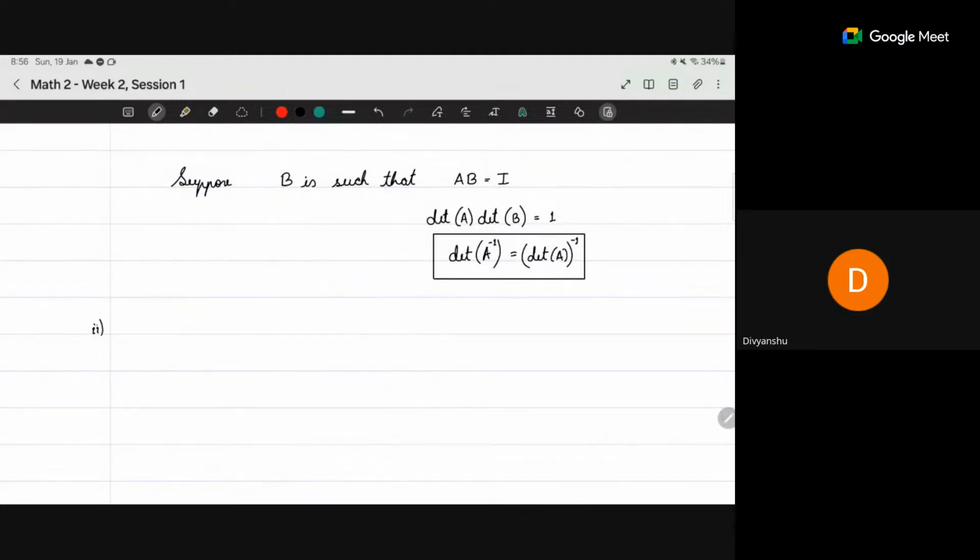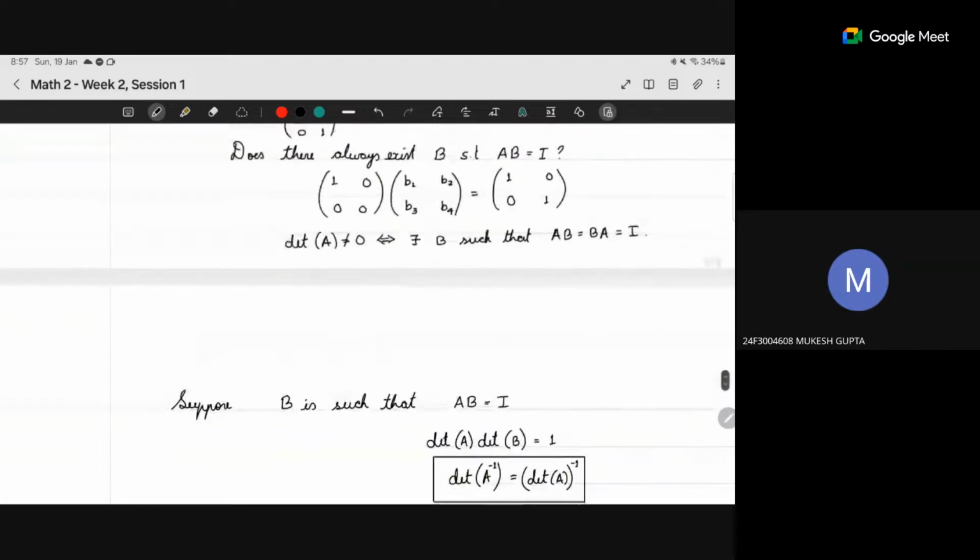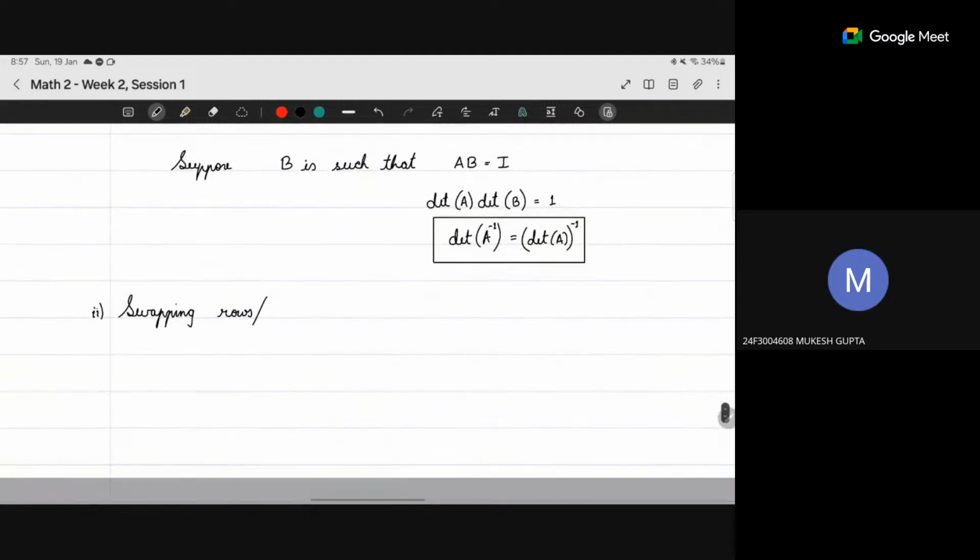The second property that we'll be seeing is probably the swapping rule. Let me just write that. Rows. And here there is no reference to rows, so rows or columns, it doesn't matter, all right?